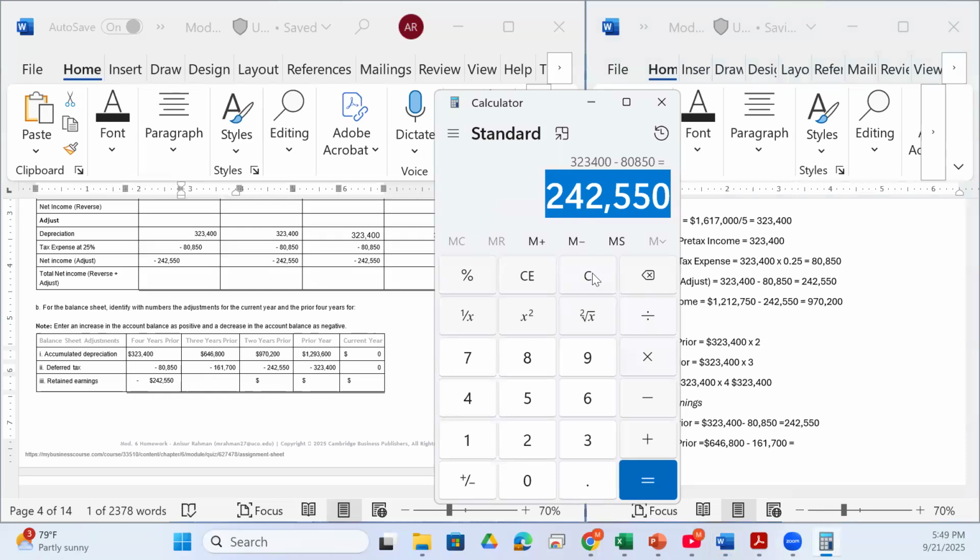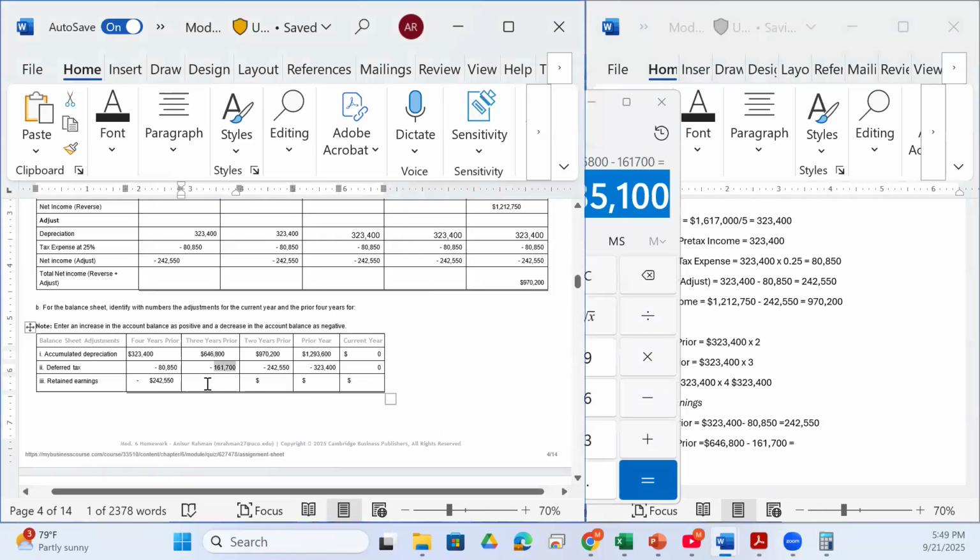So 646,800 minus, so 485,100. Okay, so this is a negative sign, not a bullet point. I wanted to fix it, but I could not.